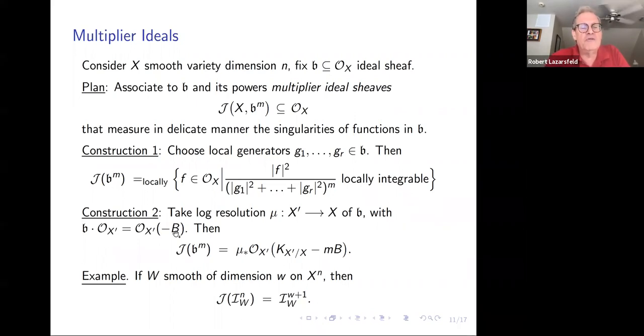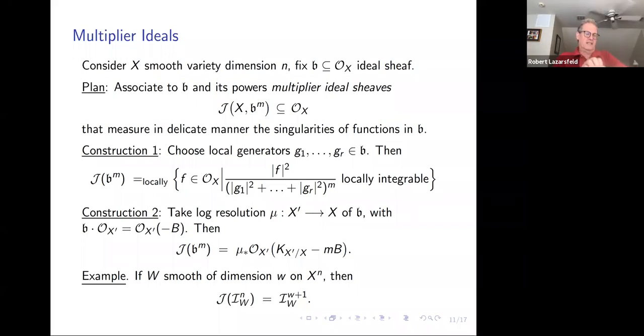When you pull back B, the function should vanish along a divisor, which should have normal crossing support. And then the multiplier ideal of B to the M is: I take the relative canonical bundle minus M times the divisor, and I push it down. So that's some ideal sheaf. That's another way of defining the multiplier ideal.